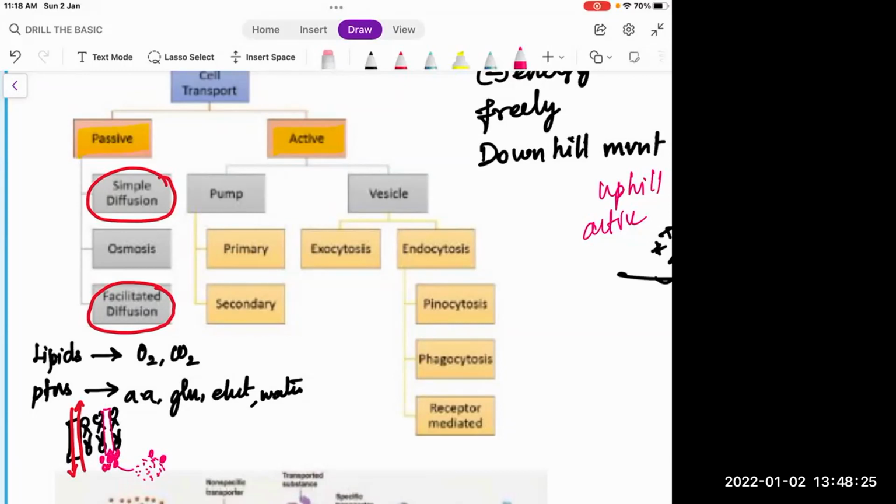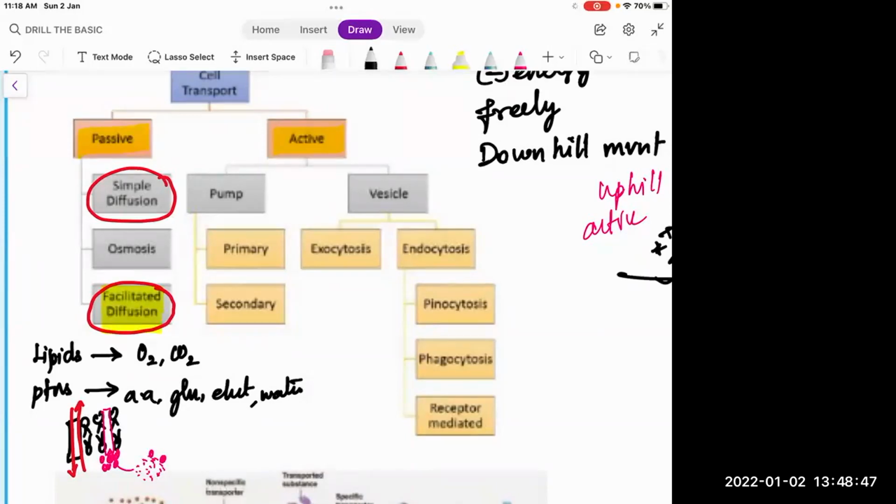So such lipid molecules or protein molecules, which are macromolecules with a size bigger than the pores present in the lipid bilayer, can be transported with the help of facilitated diffusion.